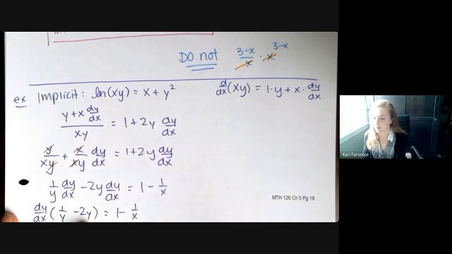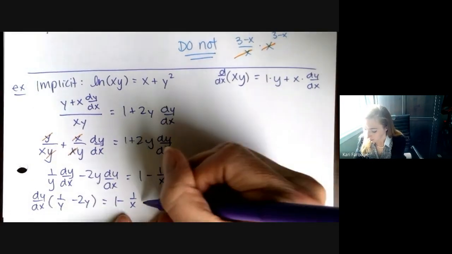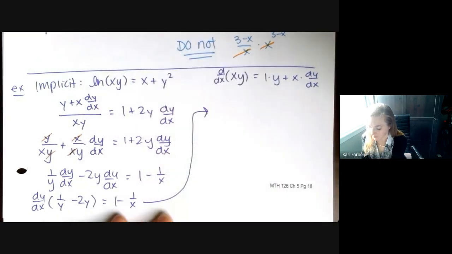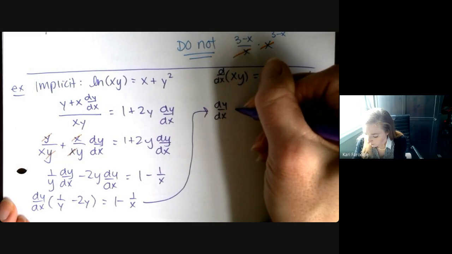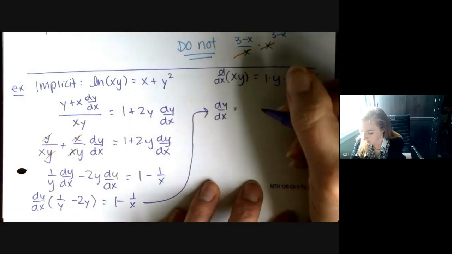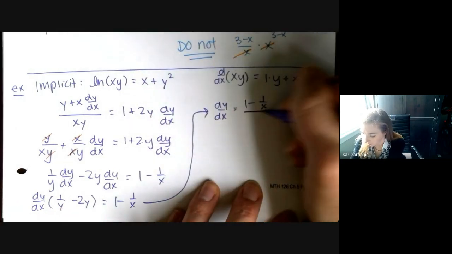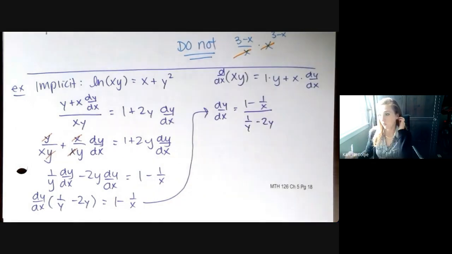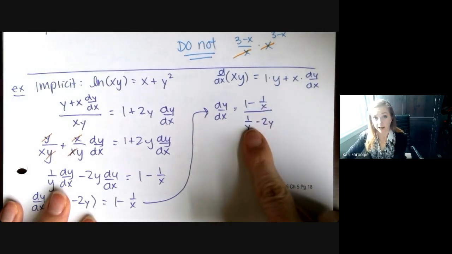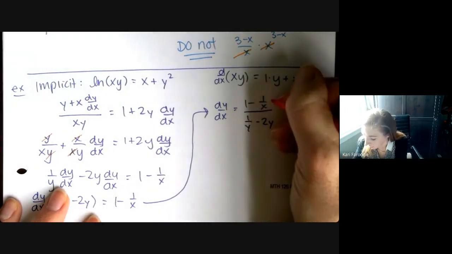This is going to be a complex fraction, by the way. Divide both sides by this factor of dy/dx. So 1 over y minus 2y, and then multiply every term by the LCD. The LCD is xy, the two denominators that you see.